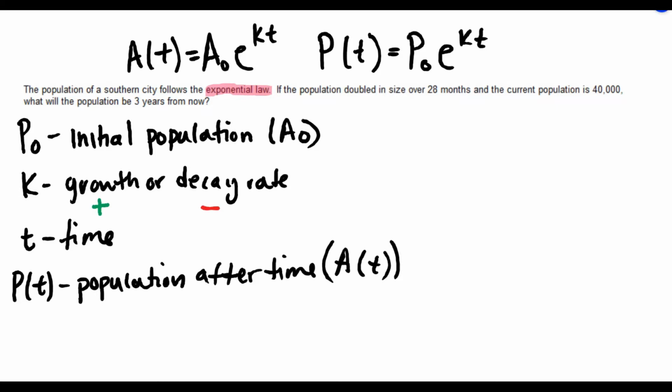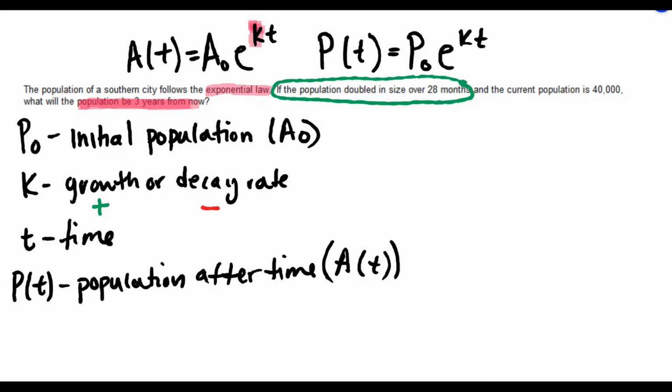So in order for us to answer this question, we really need the growth rate. We need the value of k to be able to answer this question about what will the population be 3 years from now. So we're going to be able to find the growth rate with just this piece of information in the beginning about the population doubling in size over 28 months.